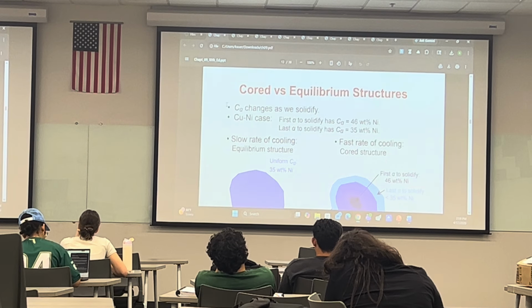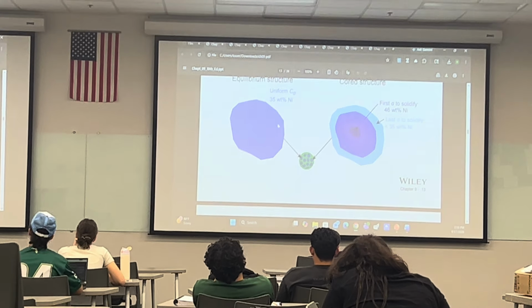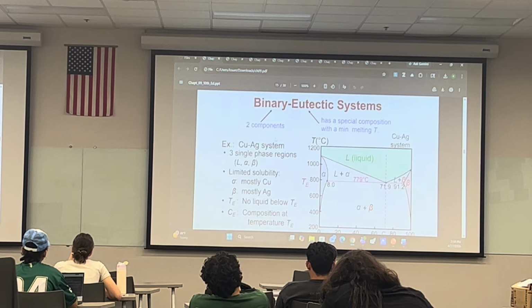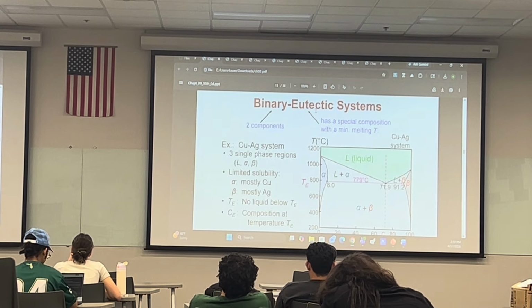We also discussed the structure of the phases, and these terminologies are also important.